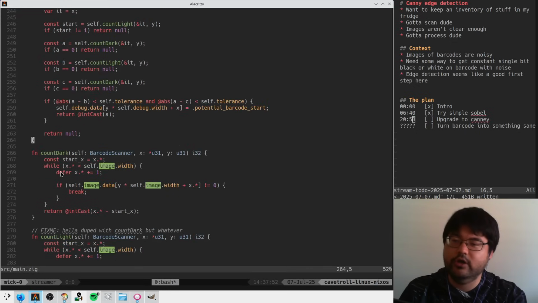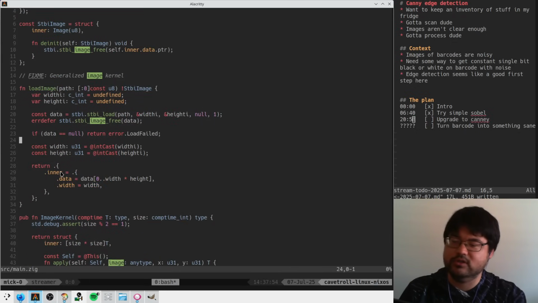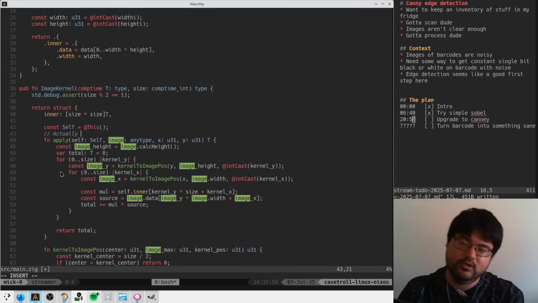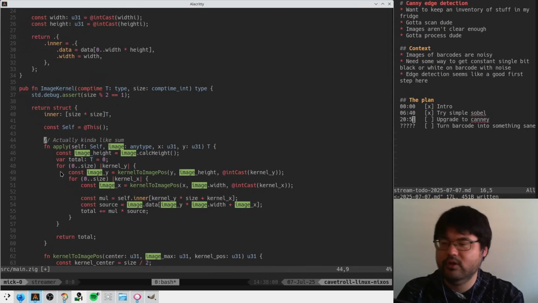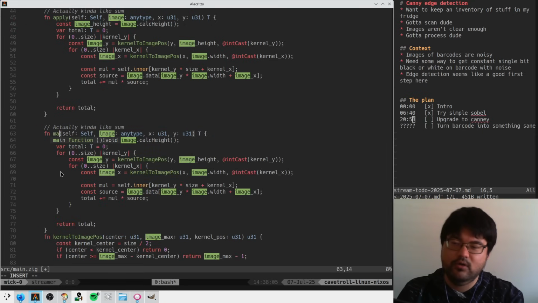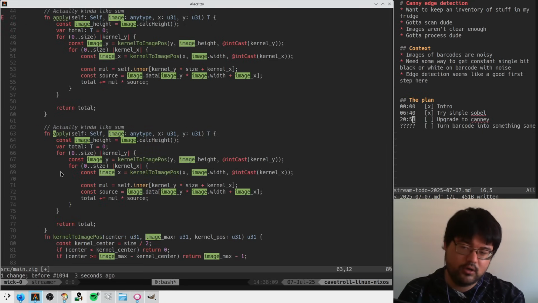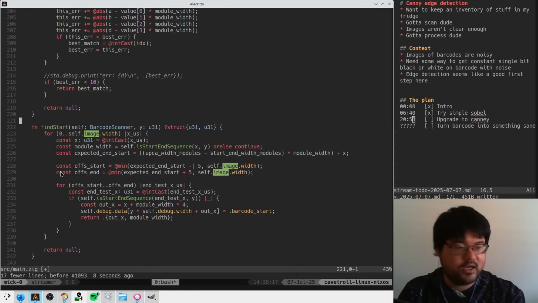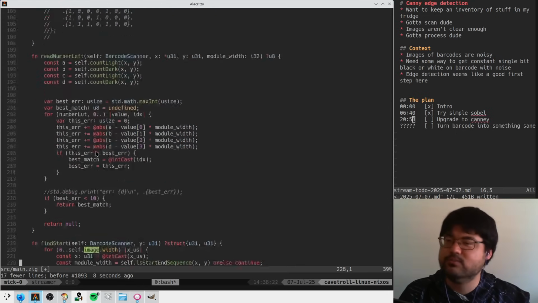I guess we could just add a function to do that. So this apply function is actually kind of like sum, and then we could have a max. Even that is not really what we want. Let's just not use the kernel here. But I do like the idea of snapping to 45-degree increments. That feels pretty good.